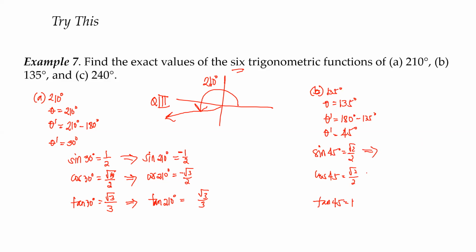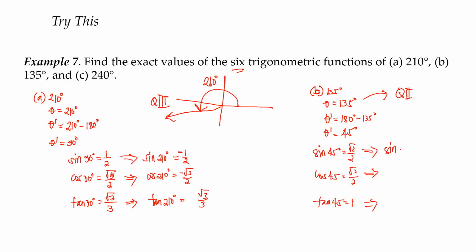What this means is that for our sine, since the sine of an angle is very much associated with the y, and since 135 is more than 90 but less than 180, this means the 135 degree angle is in quadrant 2. And in quadrant 2, y is positive while x is negative.